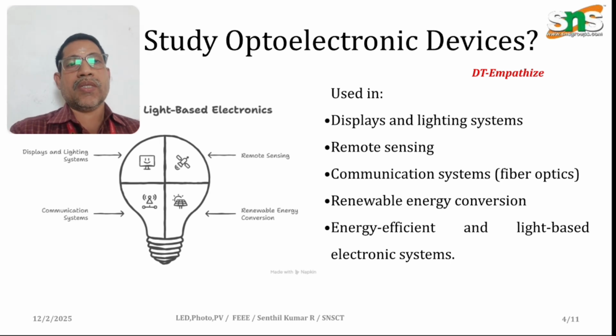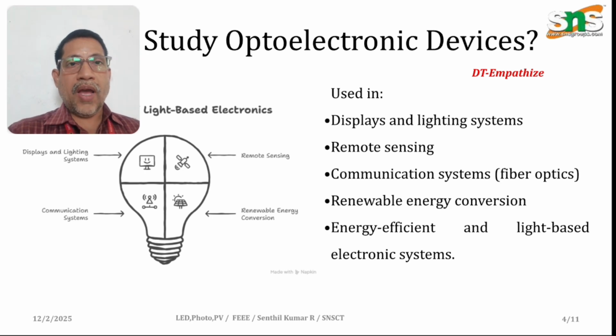Another major application is the communication system. You might have heard of fiber optic communication. The light is transmitted over a long distance, as the communication is carried through a fiber optic cable. Then there is remote sensing.